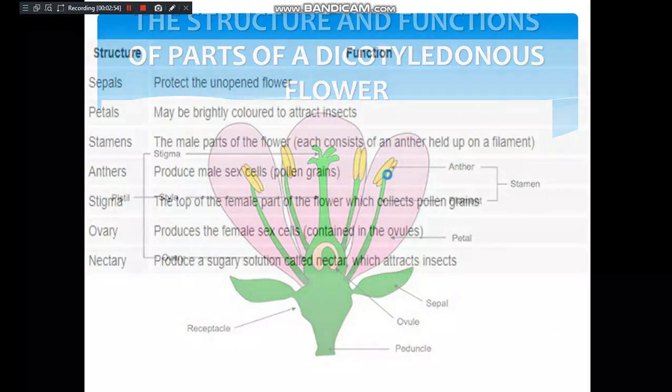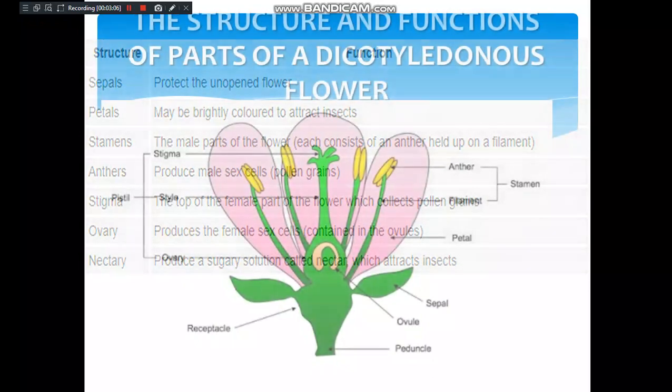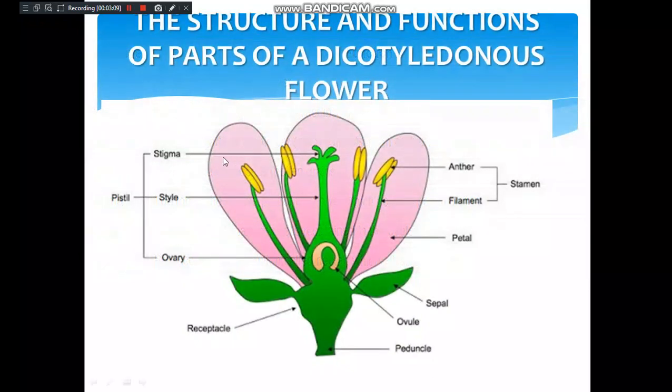And then we want to look at the functions of the structures. The sepals will protect the unopened flower. Even if the flower is opened, the sepals are going to support it and shield it.